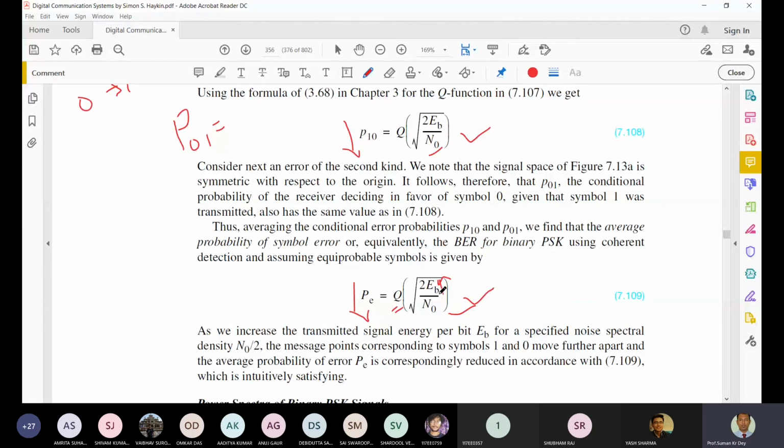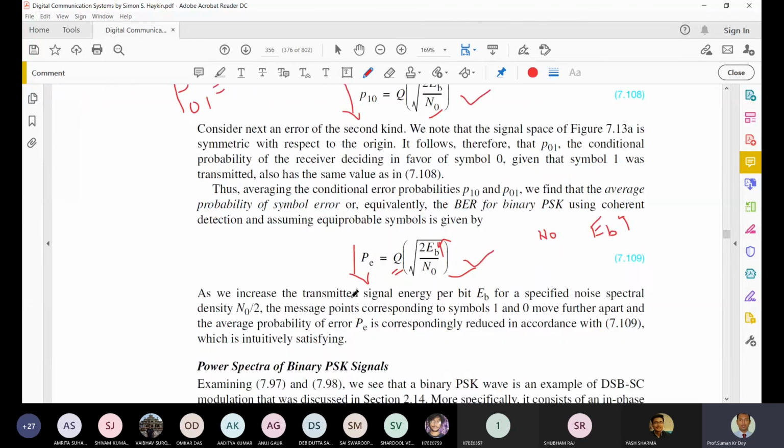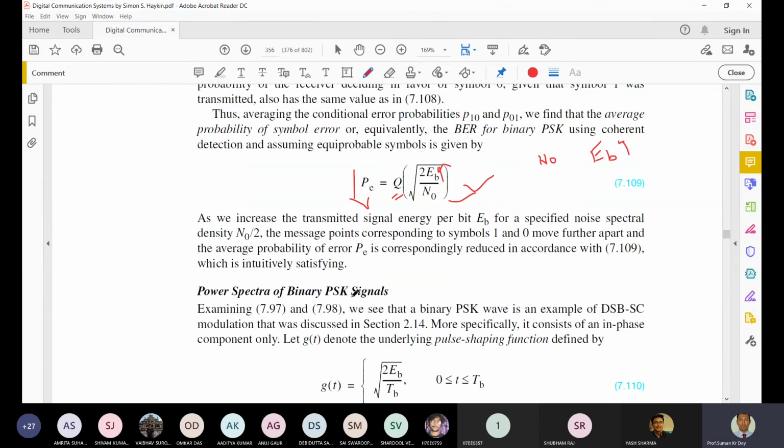In general terms, if we increase the energy Eb, keeping n naught constant, the SNR will increase, and if the SNR increases, then Pe will decrease. Okay. So now we'll discuss the power spectrum density for the BPSK signal.